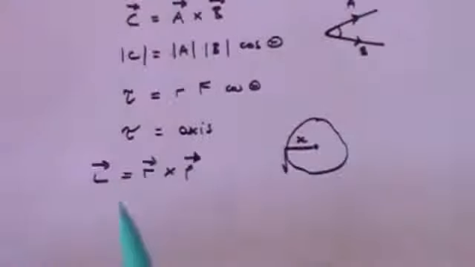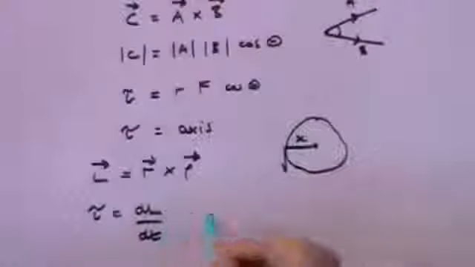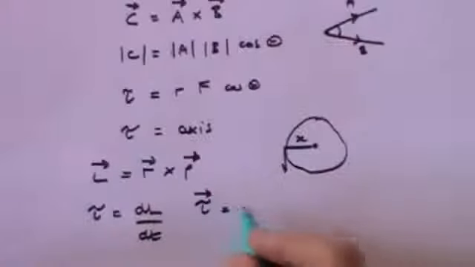And I'll also show you that angular momentum will be a vector along the axis, or along the corkscrew that's gone through, along the skewer that's gone through the potato. We know, because we showed it before, that the torque is the rate of change of angular momentum. So if we do that in terms of vectors, we have that the vector torque is equal to the rate of change of the vector angular momentum with respect to t.